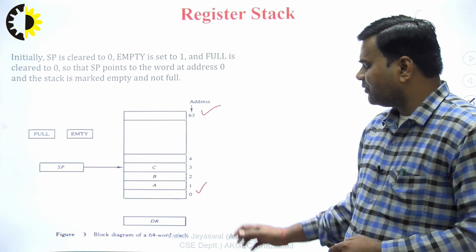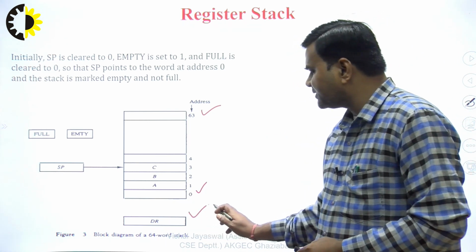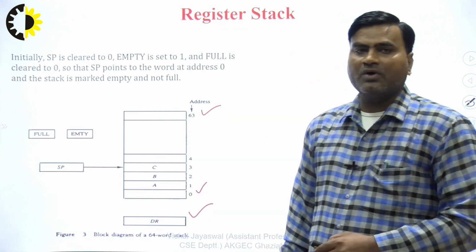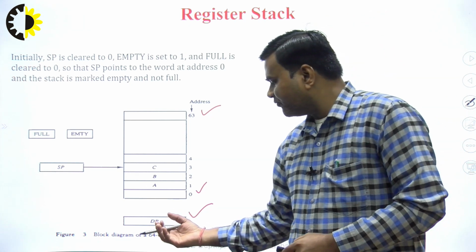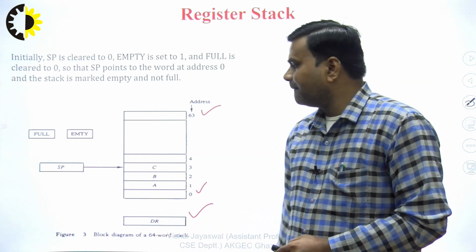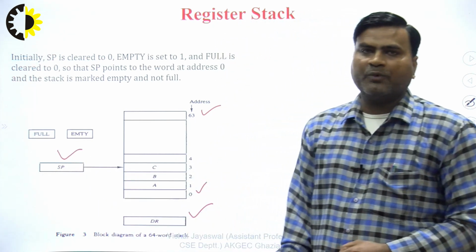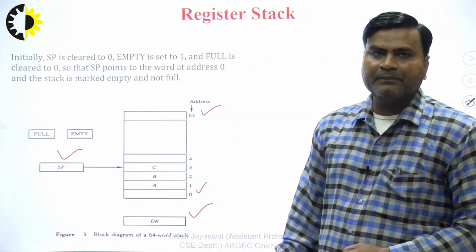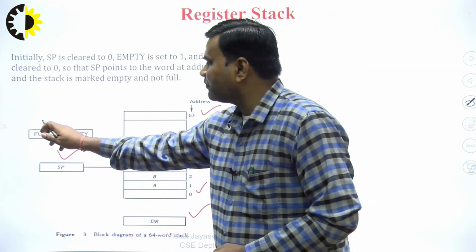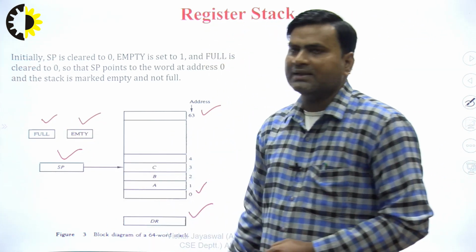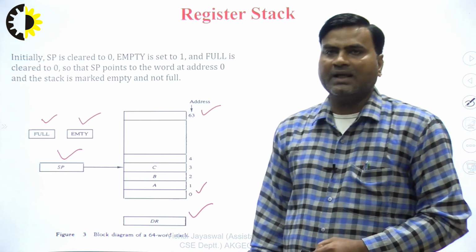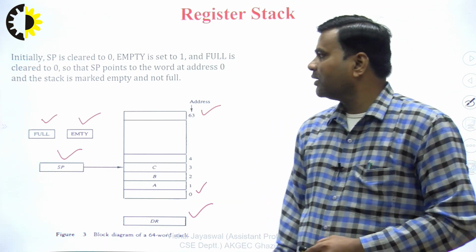We use the DR register, the data register, for storing data for push or pop operations. Here is a stack pointer that points at the top element, and these are the two control flags, which show whether the stack is full or empty.